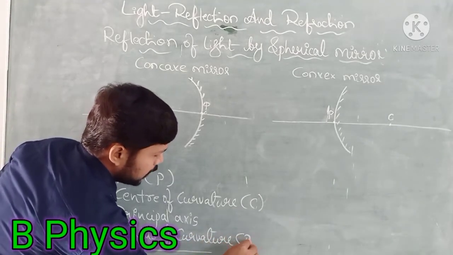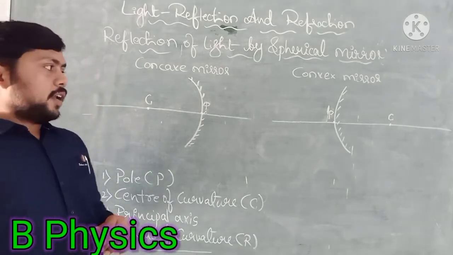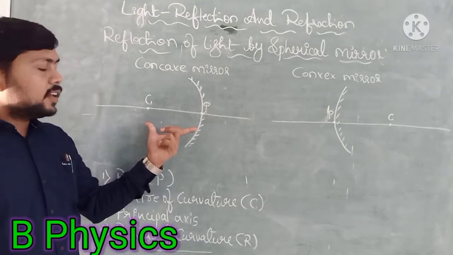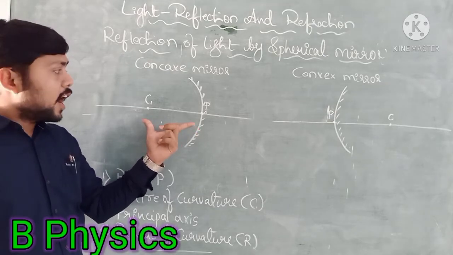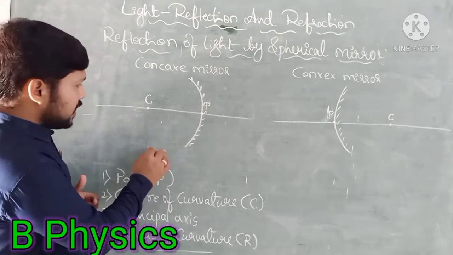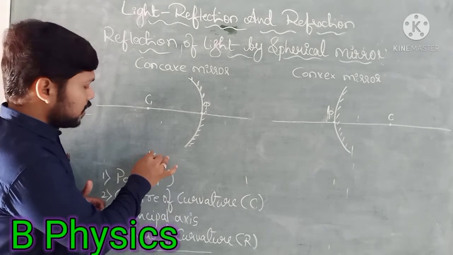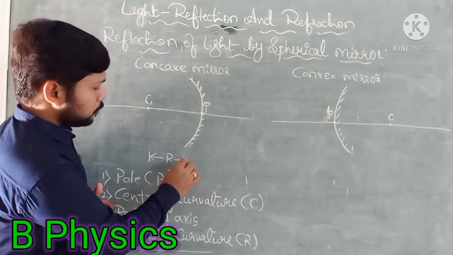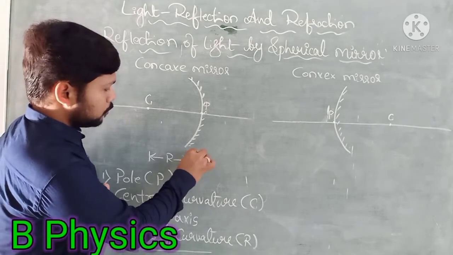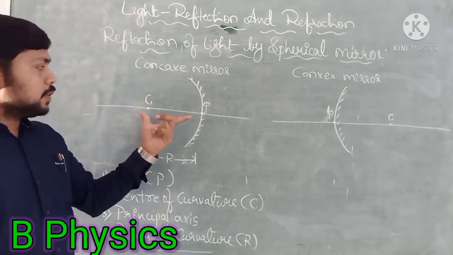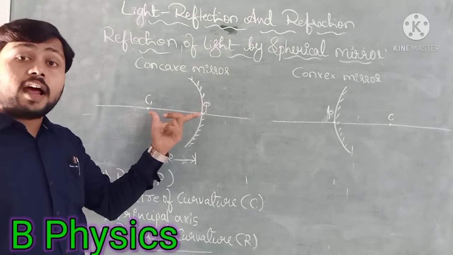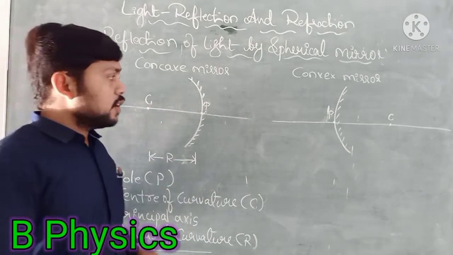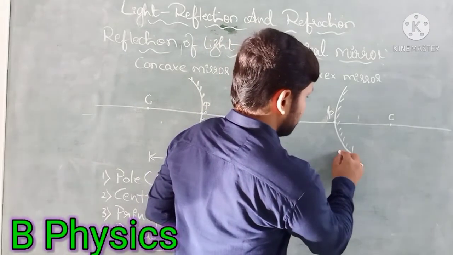It is represented by capital R. See, the distance between center of curvature and pole of the mirror is called radius of curvature.